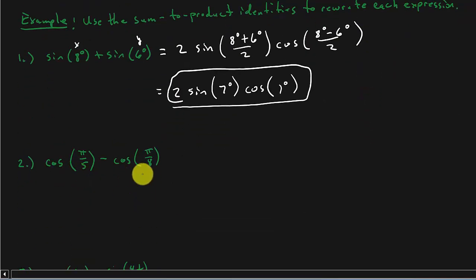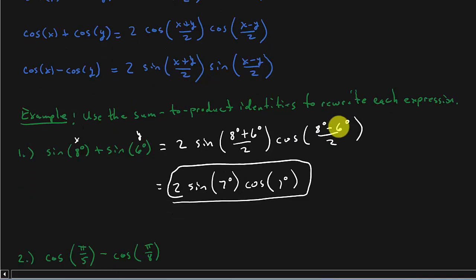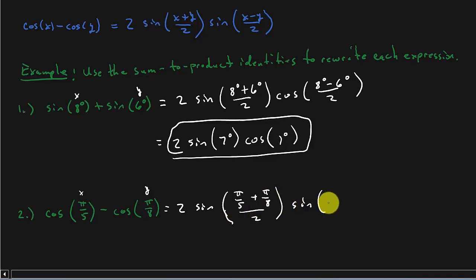All right, let's look at another one. We've got cosine minus cosine. It's this bottom one, cosine minus cosine. See, here's x, here's y. And so this is going to be 2 times sine of pi over 5 plus pi over 8 divided by 2, and then sine of pi over 5 minus pi over 8 divided by 2.